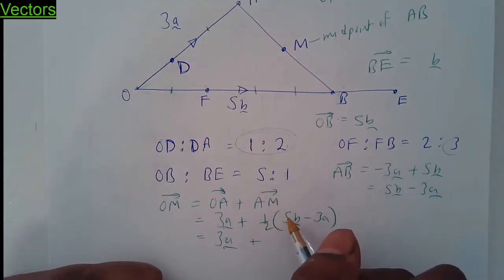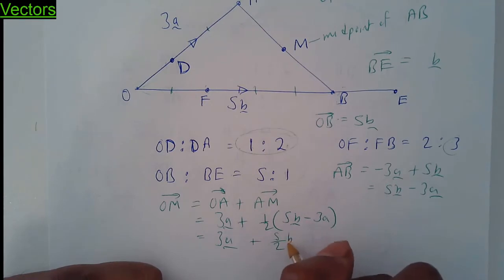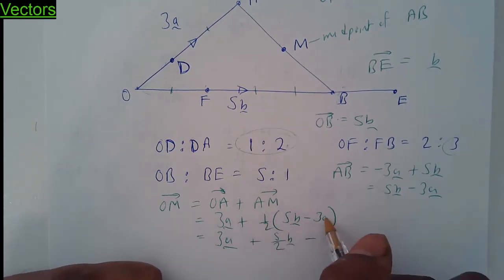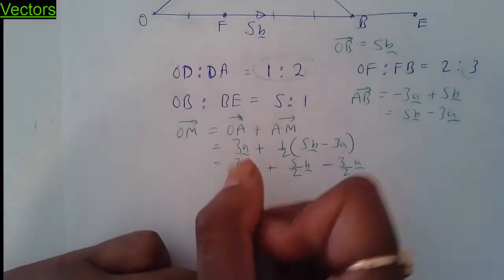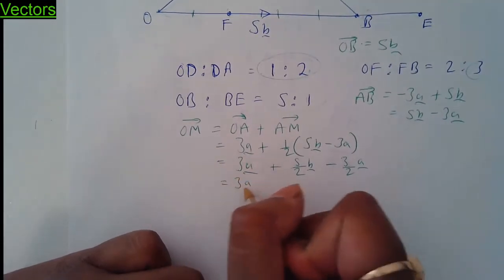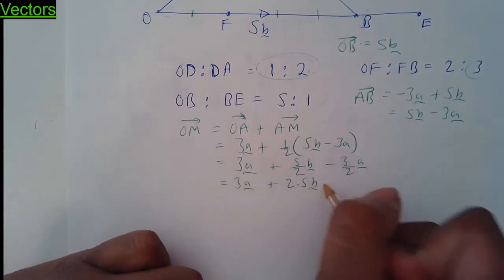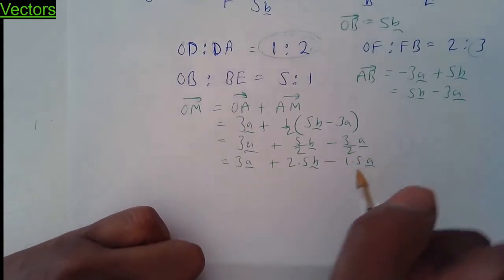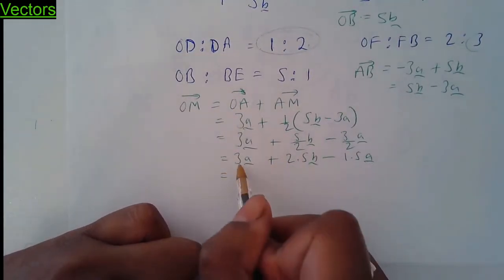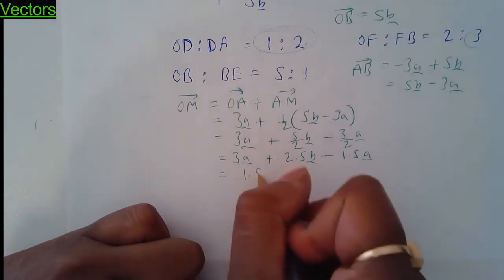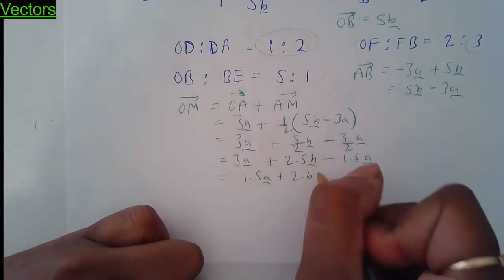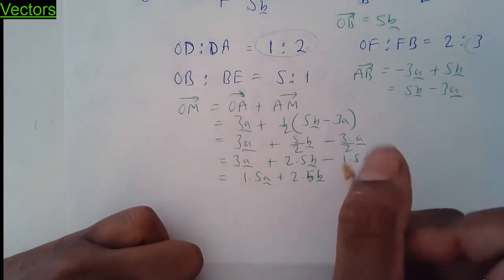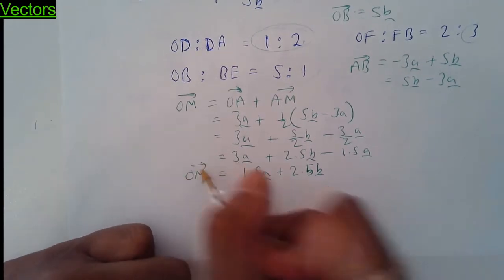Half times 5, 5 over 2, and then half times negative 3. If it's easier just to work with numbers, I can just say that's 2.5b minus 1.5a. You can simplify that. 3a take away 1.5a is 1.5a. 3 take away 1.5 is 1.5. Plus the 2.5b. There you have it, O to M.